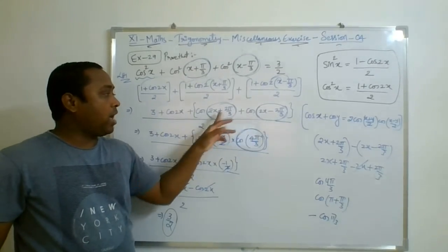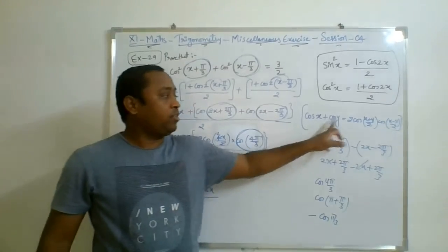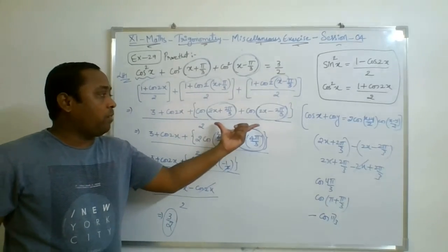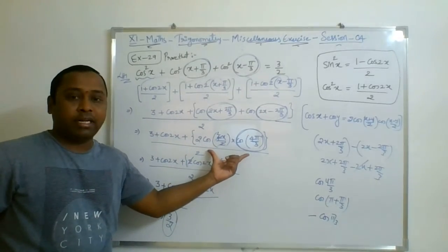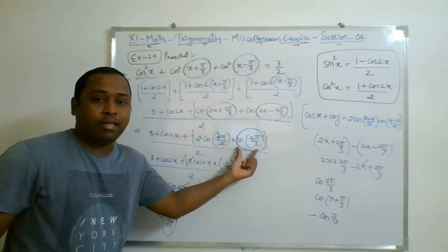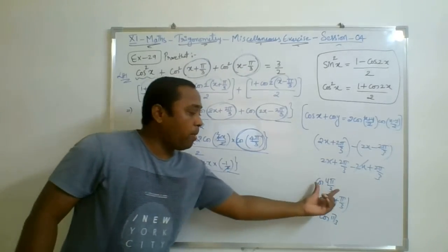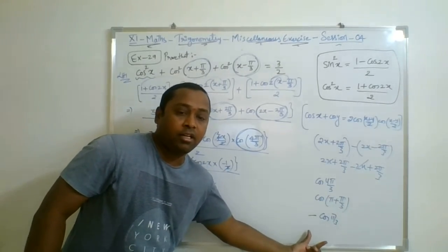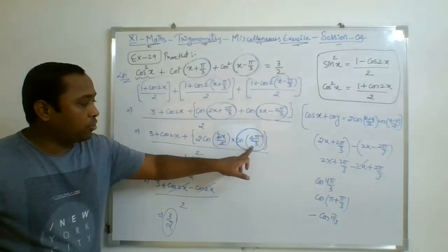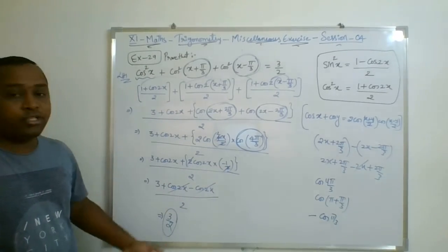In these two, I have applied the cos x plus cos y formula, which is 2 cos of (x plus y) by 2 into cos of (x minus y) by 2. Once I apply this formula, I got this step where cos 4 pi by 3 is a constant. So I have solved cos 4 pi by 3 separately to know its value is minus 1 by 2. I have simply substituted its value as minus 1 by 2 to get terms cancelled, rest you know.